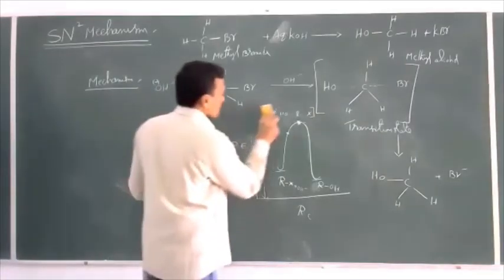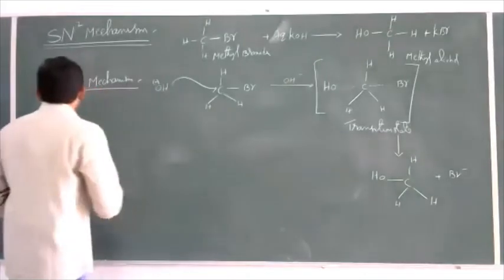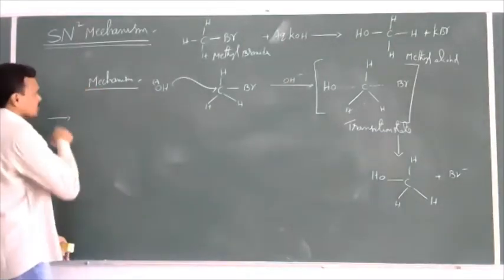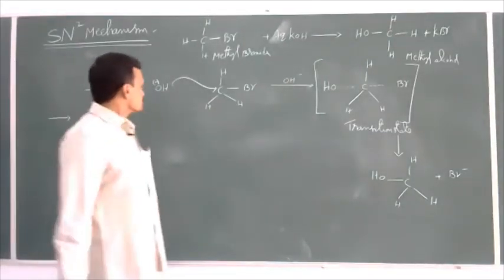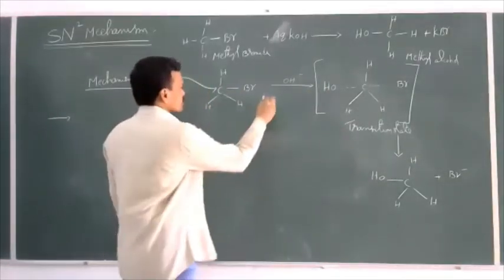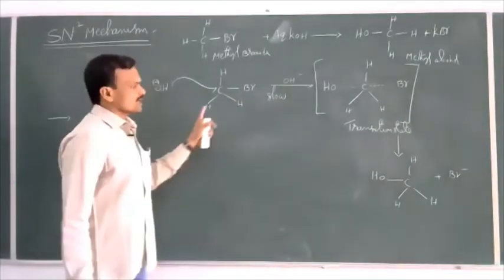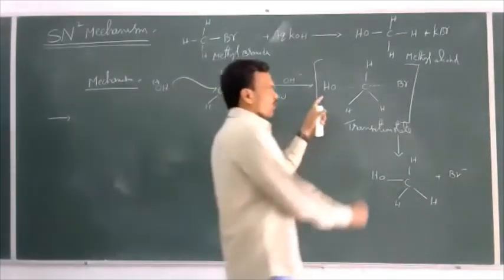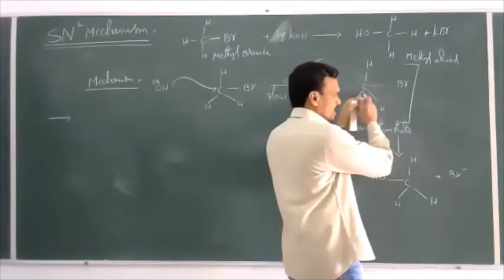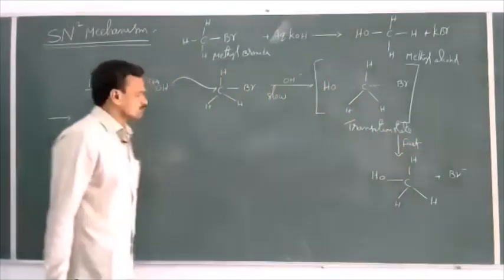Right. Now, what are the characteristics of this SN2 mechanism? Among these two steps, this is the slow step. Formation of the transition state is the slow step. Once the transition state is formed with threshold energy, it decomposes readily to give products.